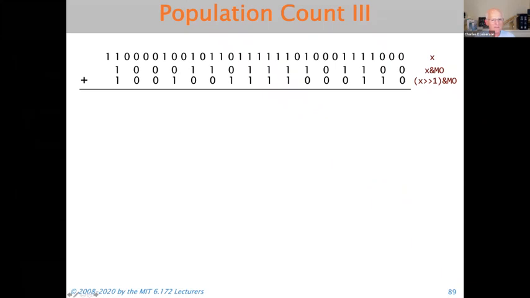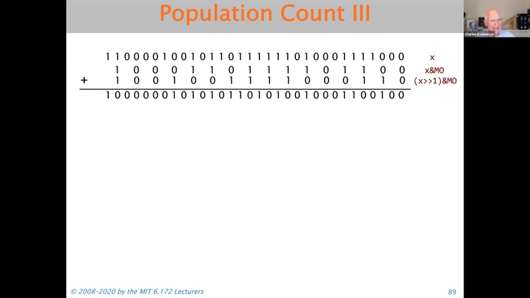So the first line, X and M0, extracts the positions where M0 is a 1, and then we shift X right and AND it with M0, and that extracts all the odd numbered bits. So we get the even numbered bits for the first one, the odd numbered bits for the second one, and then we add them.